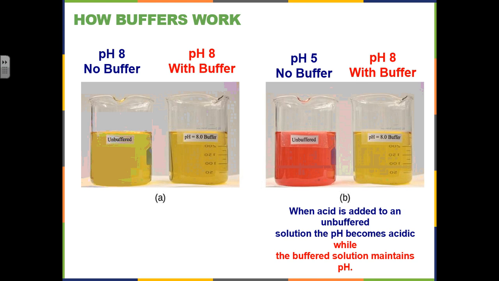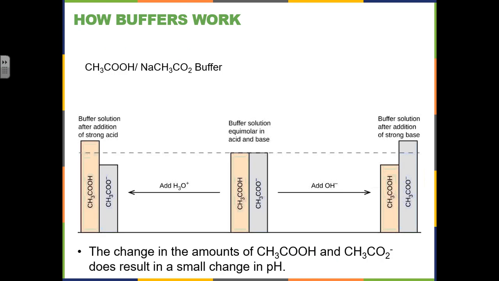And if you look on the right of the diagram, as something is added, when acid, for instance, is added to an unbuffered solution, it's going to impact the pH and make it more acidic. That's why you see the mild color change in example B. And if you notice the system with a buffer, it features little to no change in pH, if any, based on it being able to counteract the addition of that acid proton.